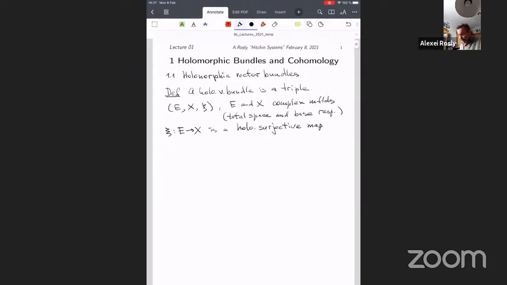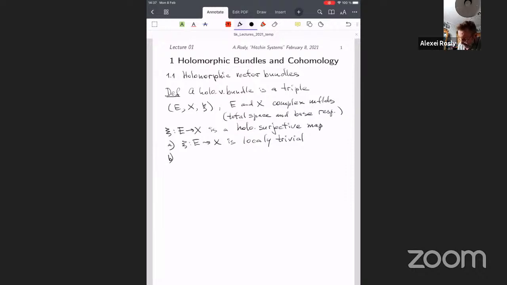And the further properties are as follows. The requirements. First, the requirement of local triviality. We can say Xi to X is locally trivial. I guess you know what it is, but I will mention it a bit later.